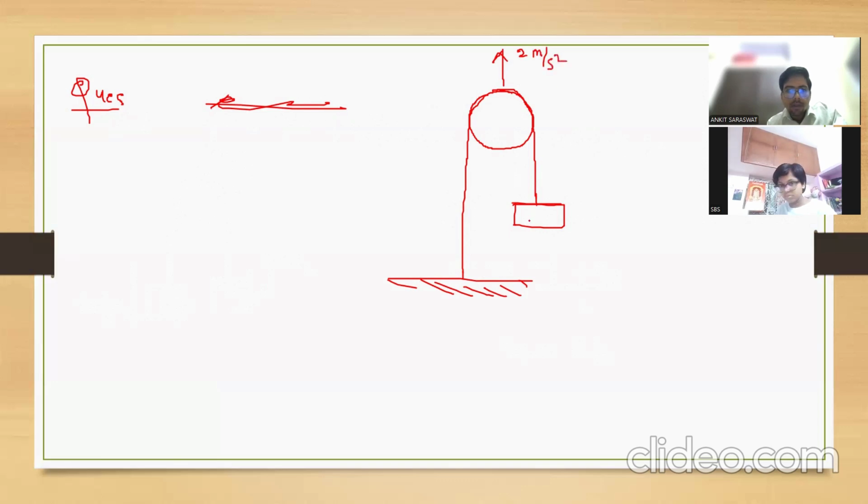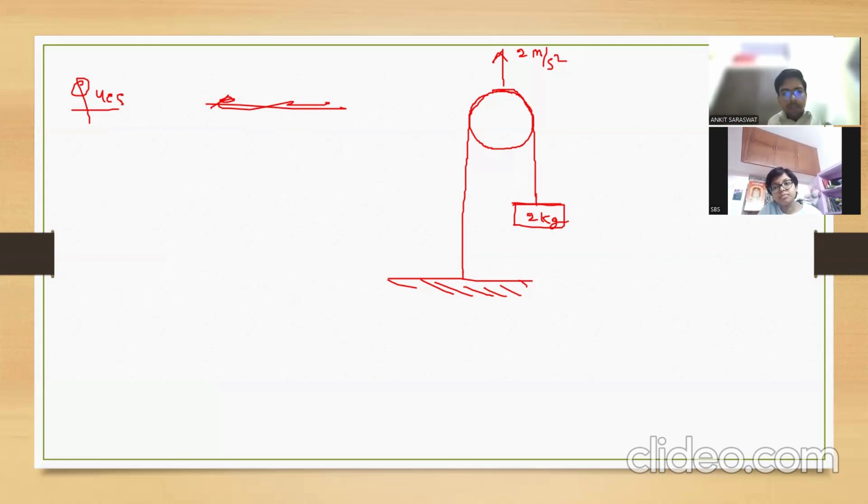Find the acceleration of this block. Acceleration is 2 meter per second, sir.